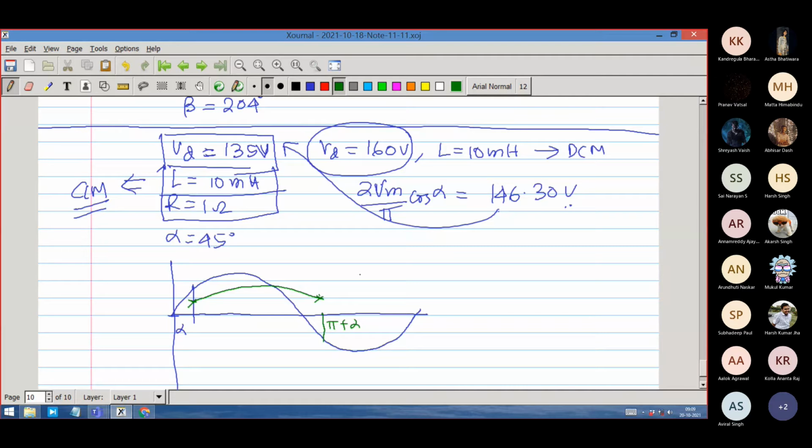It has gone up and down, but it will come back. Let me remove that, otherwise I may give a wrong impression that it is such a nice waveform. Let me do it in red. So it has gone up and down, right?